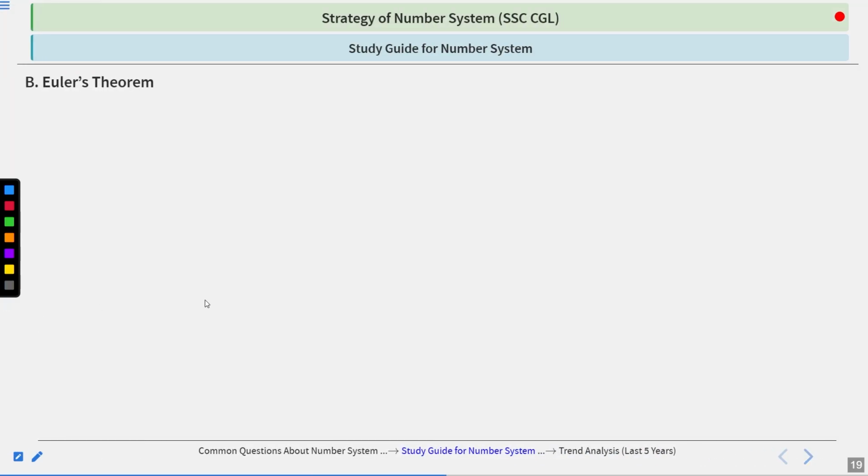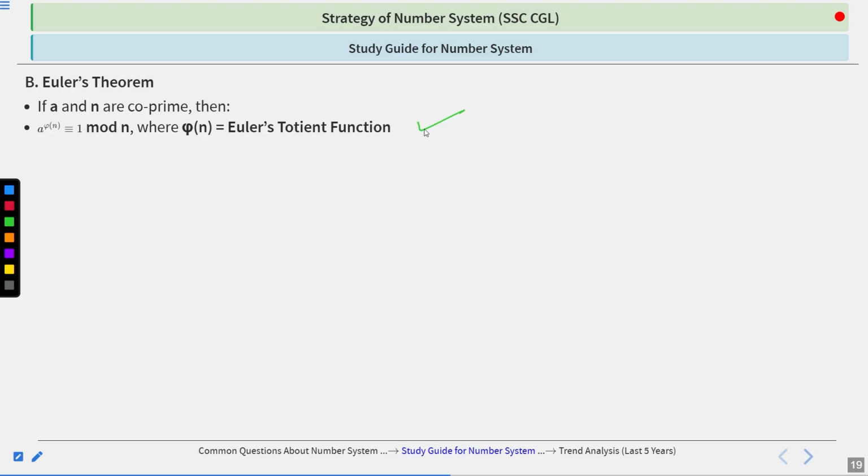Second, in remainder theorem, we need to learn Euler's theorem. If A and N are co-prime, then A to the power totient N is congruent to 1 mod N, where totient N represents the Euler totient function. We apply this to calculate remainders.